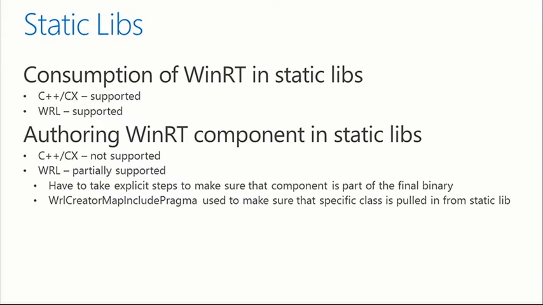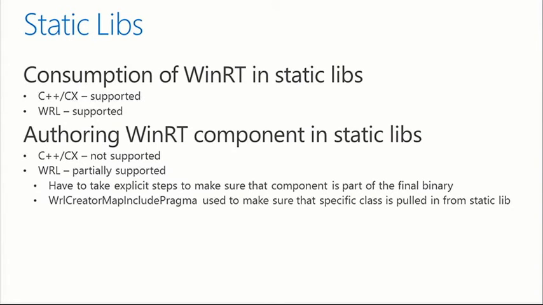In beta, I don't know exactly when it's going to be fixed, but there were warnings, there were errors. That has been fixed, and by the time we ship the final product, those warnings and errors should be taken care of. I'm jumping ahead a little bit here because we have two technologies, C++/CX and WRL. Both of them support consuming WinRT APIs in static libs.